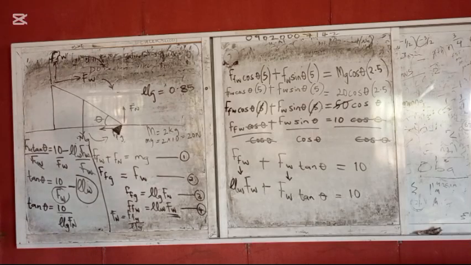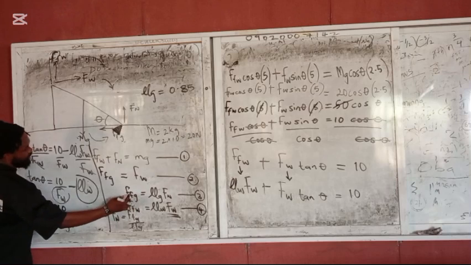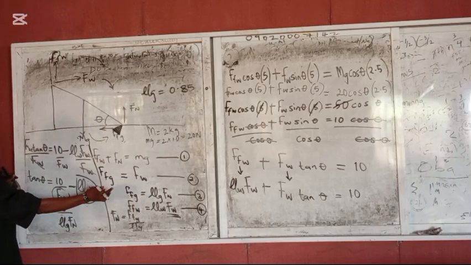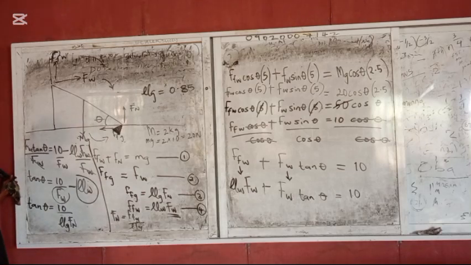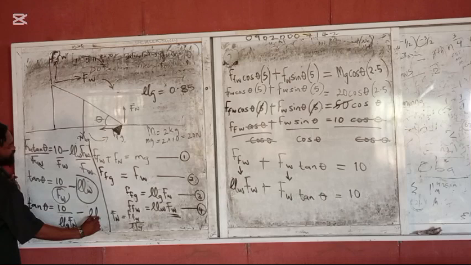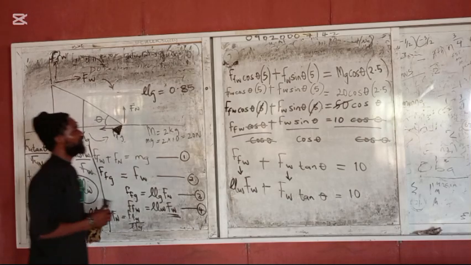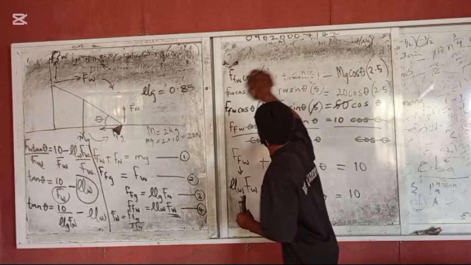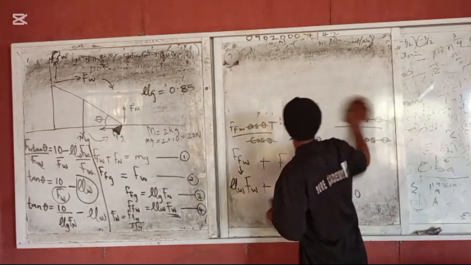So if it's not there, that means what we are actually going to be having is simply 10 over FW is equal to FFG. That is this: FW is equal to FFG. And FFG is equal to this. Is it not true? Yes. So if I replace that for FFG and I have minus the coefficient of friction on the wall, then if I'm making theta subject of the formula, I want to clean.